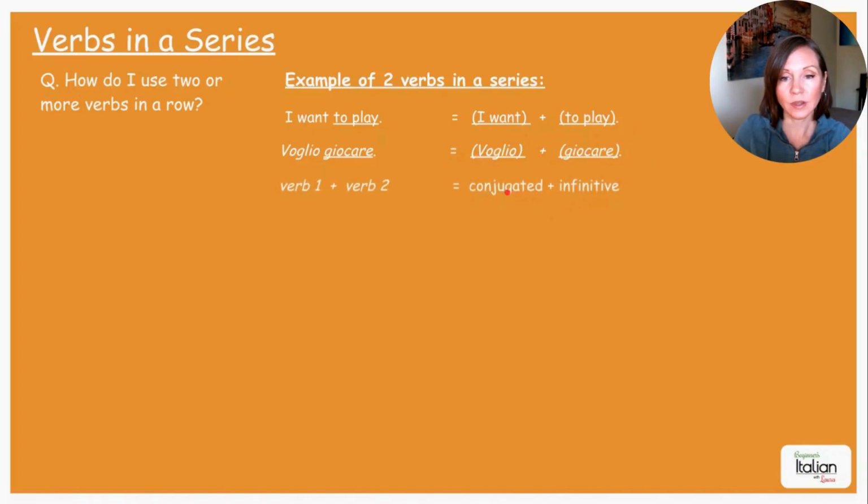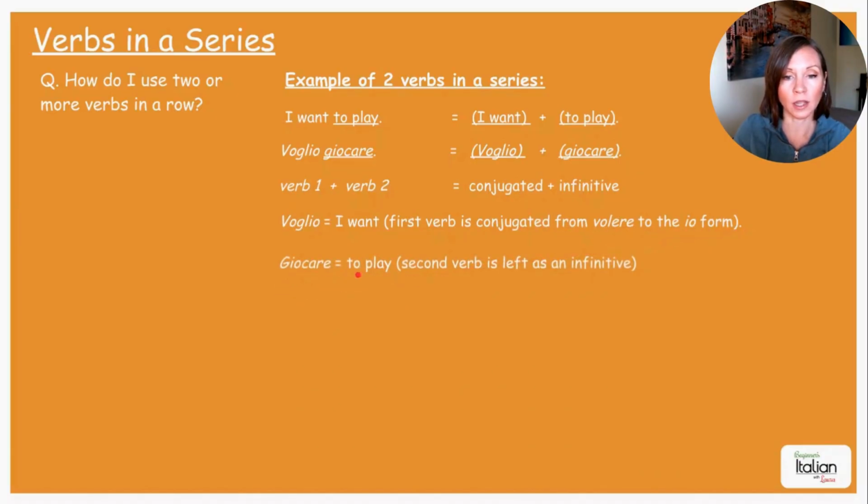So in this case, we have a conjugated verb and an infinitive. Voglio, I want, the first verb, is conjugated from volere to the io form. And giocare, to play, is left as an infinitive.